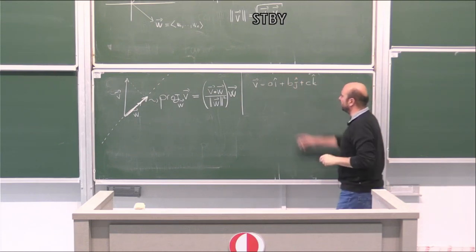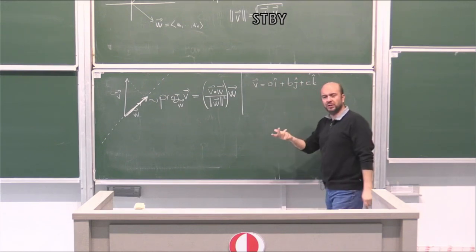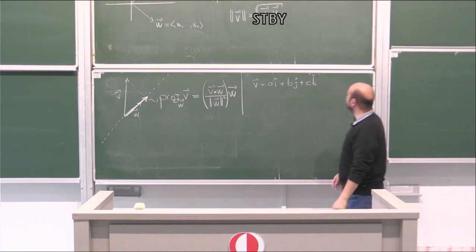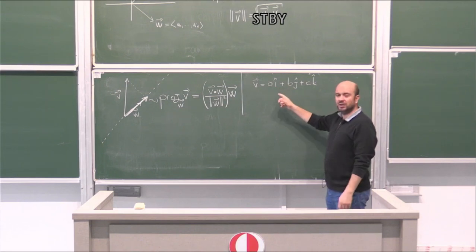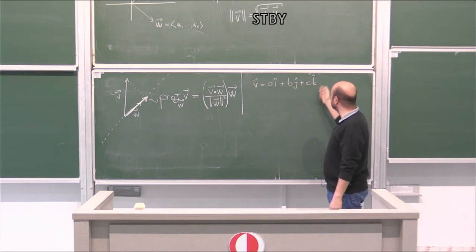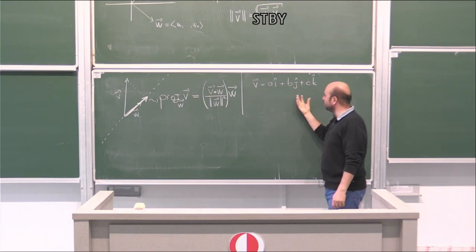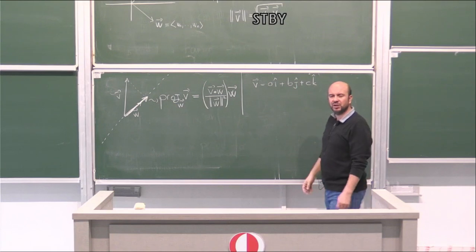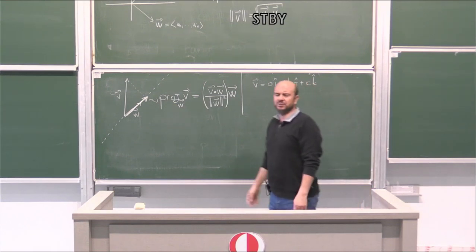What is special about i, j, k is that they are orthogonal: if you pick two of them, their dot product is 0. Furthermore, i dot i is 1, j dot j is 1, k dot k is 1, so their norm is 1. So basically you get an orthogonal set of vectors when you take i, j, k, and they are also unit vectors.